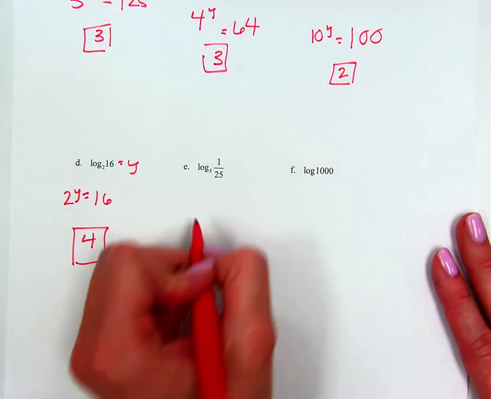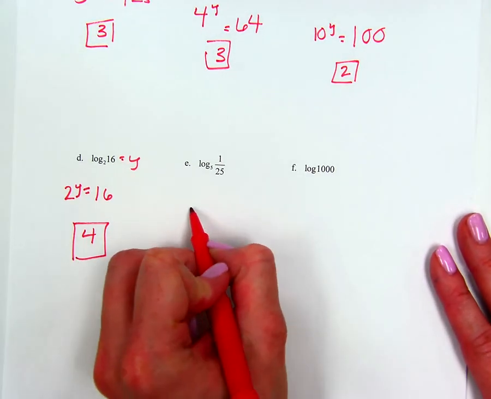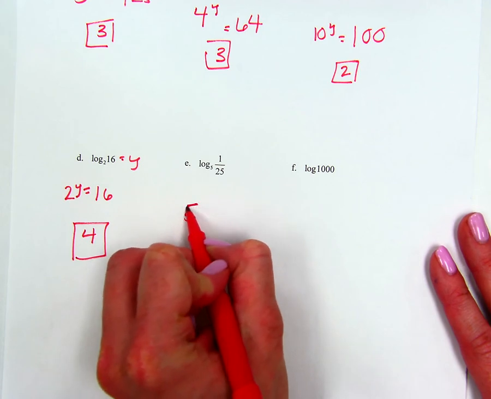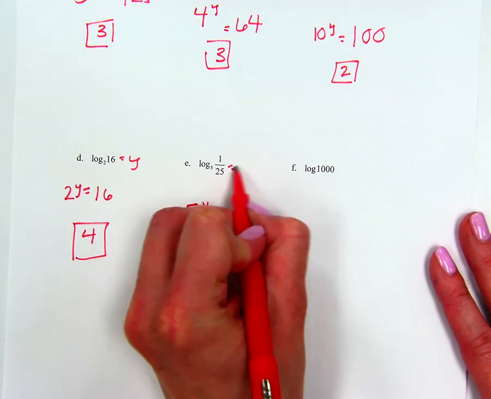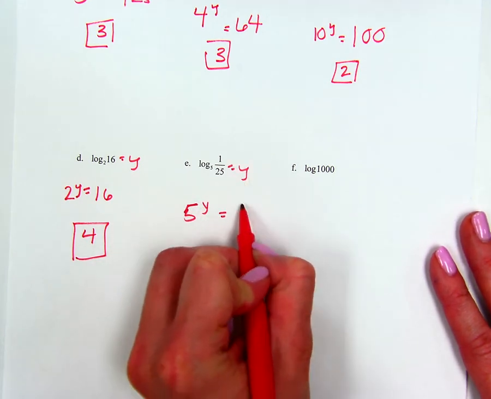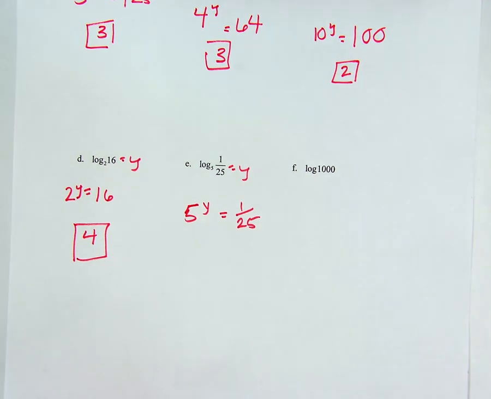And same thing for E here. I'm going to do 5 raised to what power is going to give me 1/25. Just like on the other side, what do we remember? If we want to reverse something, if we want to put it on the bottom of the fraction, in the denominator, we have a negative exponent.